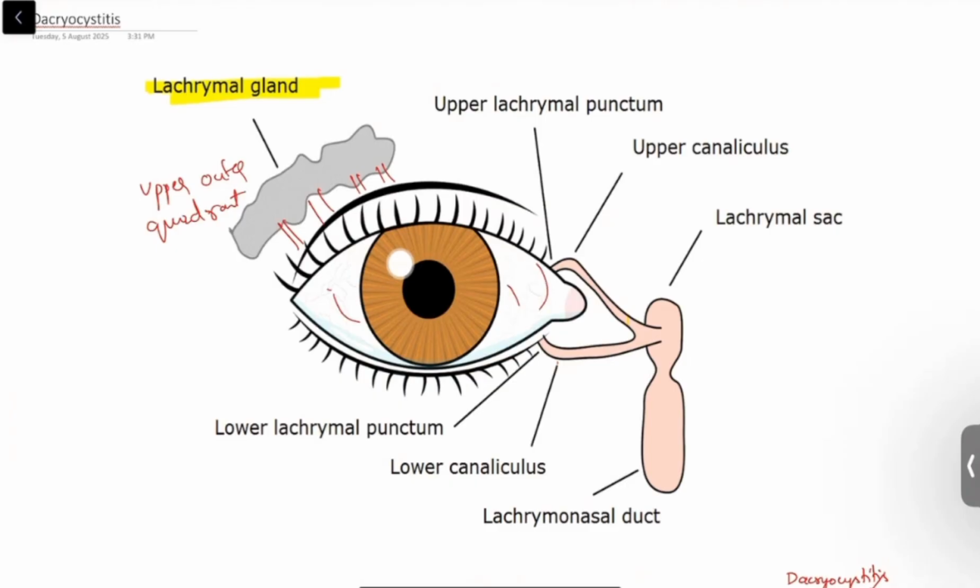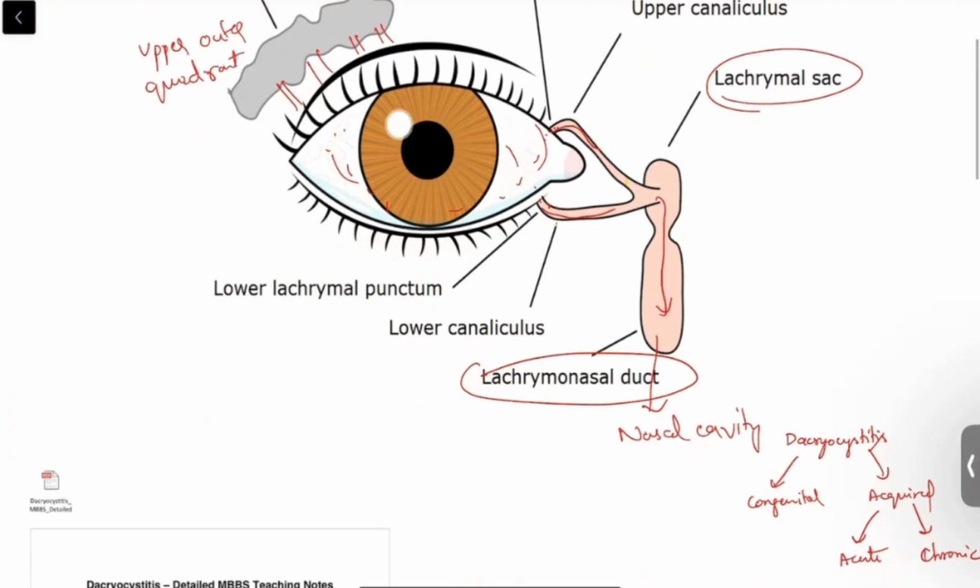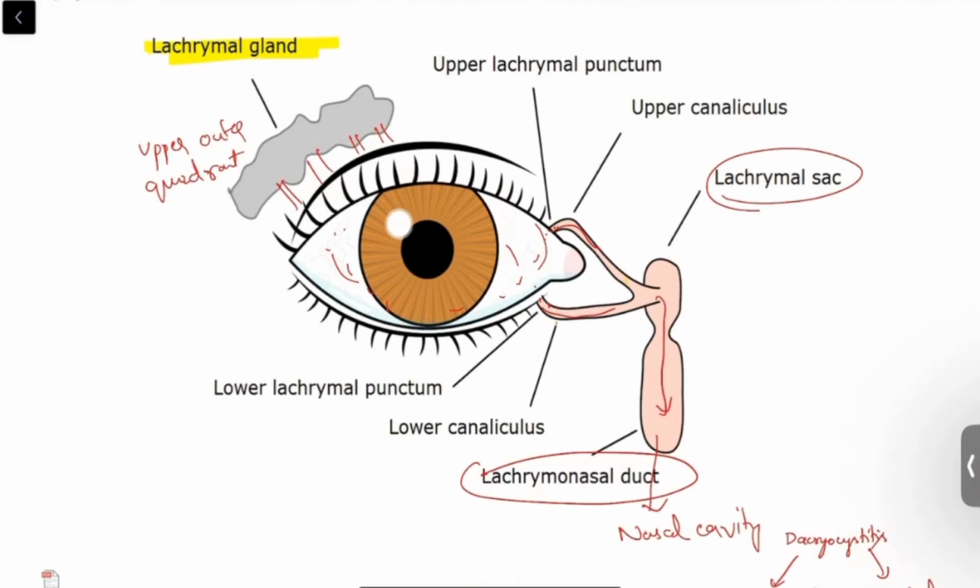Then the tear will drain through the upper and lower puncta into the upper and lower canaliculi, and from there it will reach the lacrimal sac and then downwards reach the nasolacrimal duct, opening into the nasal cavity. Okay, so this is the normal pathway of tear or lacrimal apparatus.